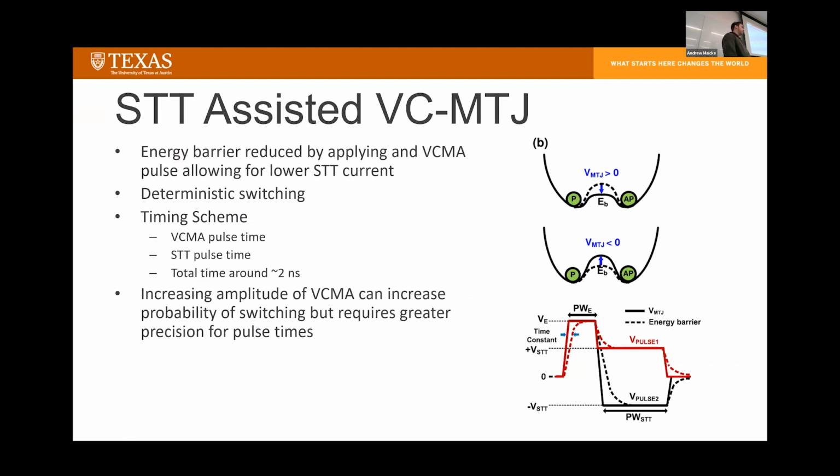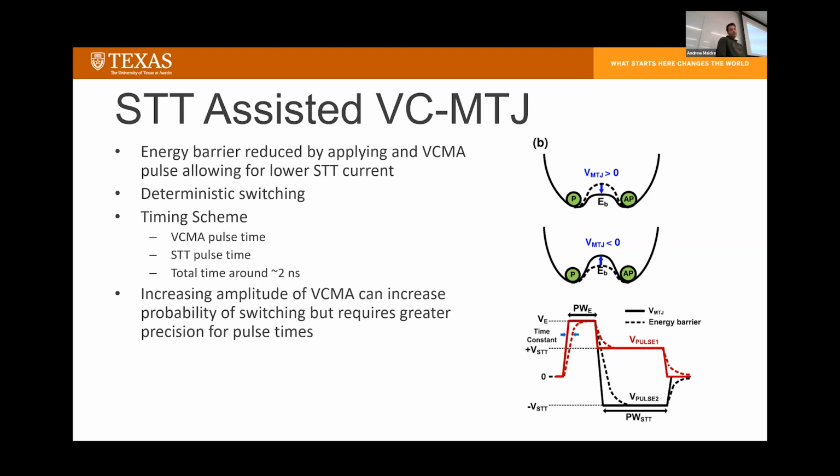This scheme is deterministic switching, but it has a somewhat complex timing scheme because you have to do a VCMA pulse, and then immediately after an STT pulse, in which the total time is around 2 nanoseconds. So it's about normal for STT switching, but the main benefit is that you use less energy.